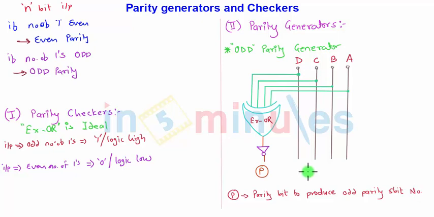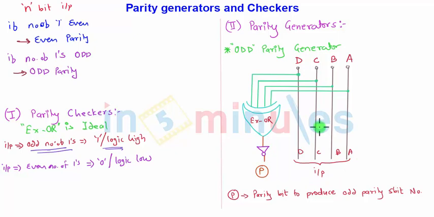The input bits given here are the same as they are, A, B, C, D, but part of the input is taken to the XOR logic, and if the number of ones is odd, then the output will be 1 here, as I mentioned earlier in the parity checker section. So whatever logic 1 comes here, the inverter will invert it to 0, hence the P bit will be 0 because the input already has an odd number of ones.